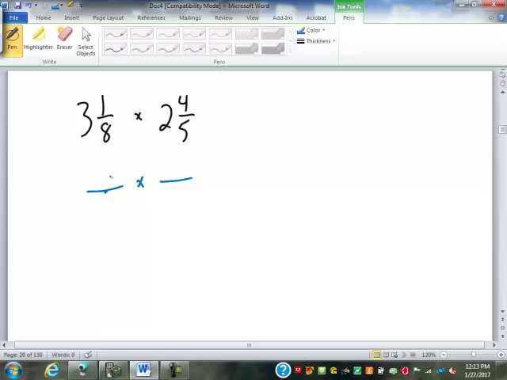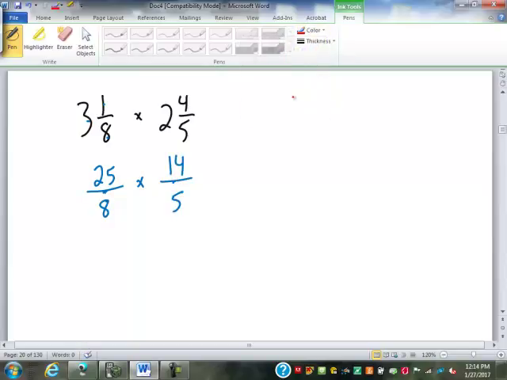Try to contain yourselves and take turns. How many eighths? 25 eighths. There we go. Good. 3 times 8 is 24, plus 1 is 25 eighths. What's going to go here? 14/5. Good.